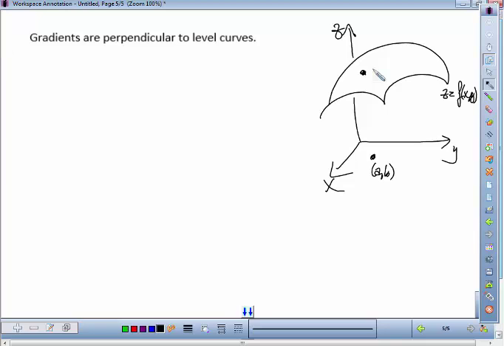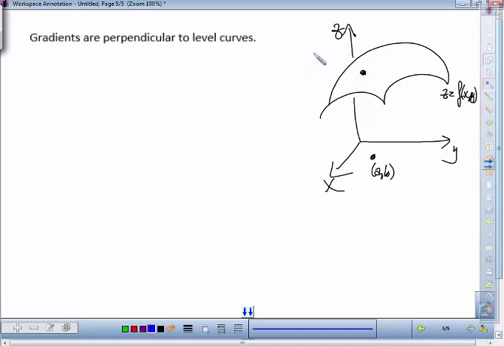I told you it's my favorite surface. We got a surface, and we have a point in the domain, and then we have this point on the surface. That would be A, comma, B, comma, f of A, B. But I'm more concerned about the level curve itself.